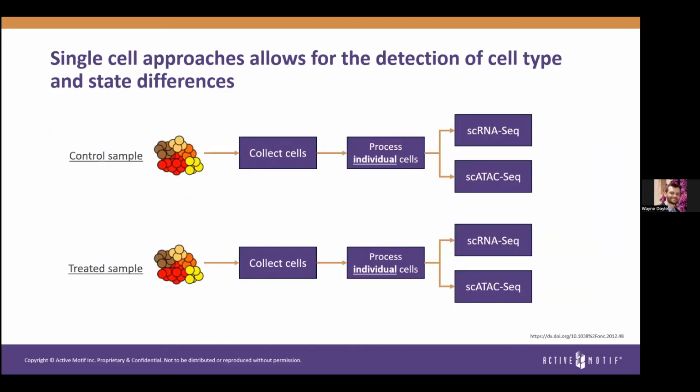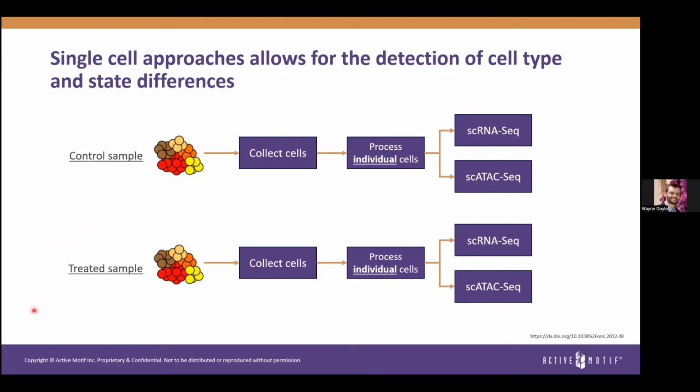And so that's the benefit of the single cell approaches, which have been developing over a little over the past decade. In this, instead of looking at groups of cells, we are now profiling gene expression or chromatin accessibility within individual cells. So here we have the same experimental design that we had before.